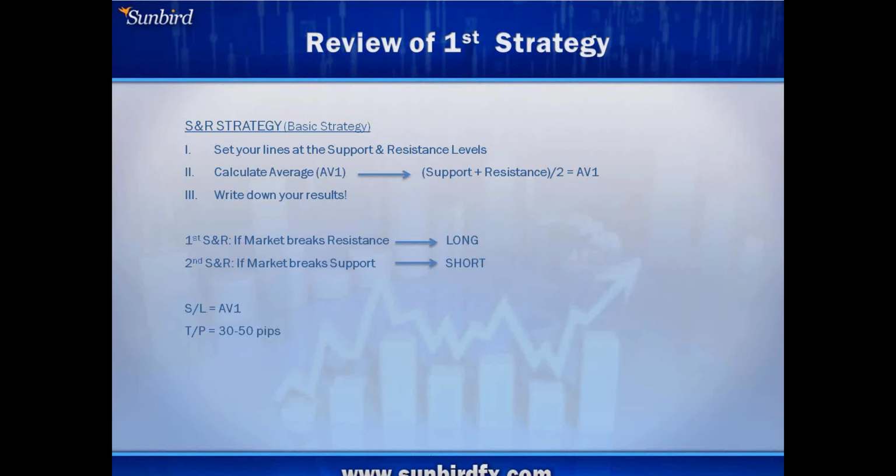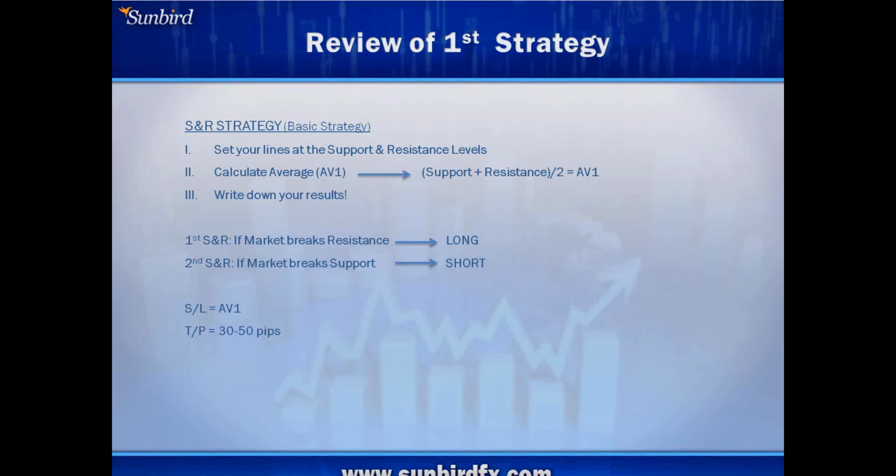How do we calculate average 1? It's the support and the resistance divided by 2, and you have the rate of average 1. Remember to write down all your results. I specified on every webinar that we need to write down our results.